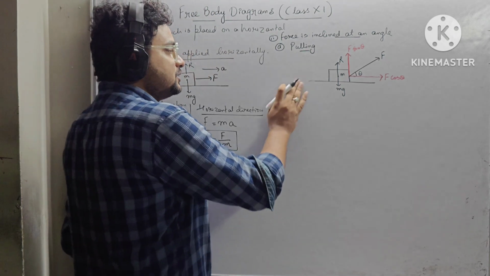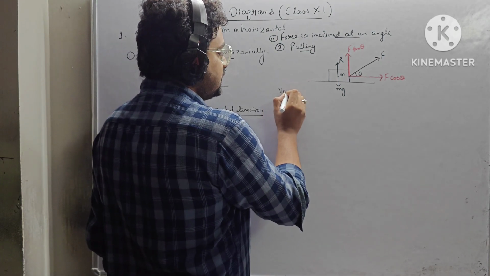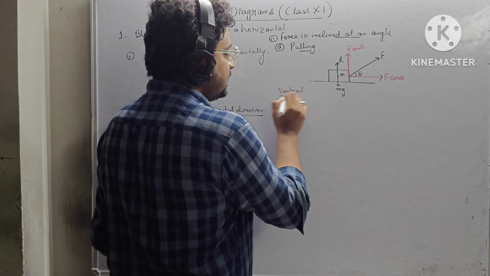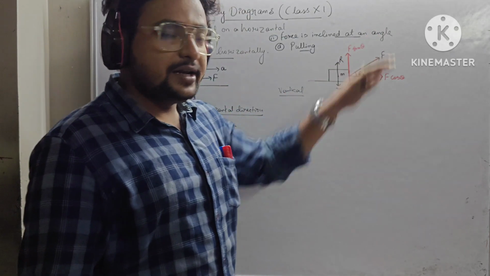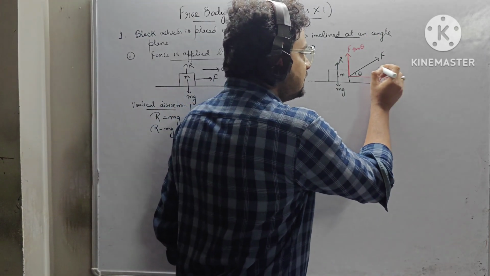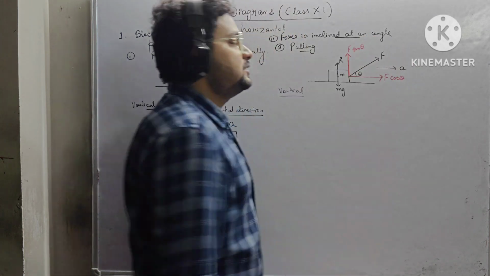Now let us see the equations. In the vertical direction, since I am applying the force in this direction, of course there will be an acceleration produced in this direction.